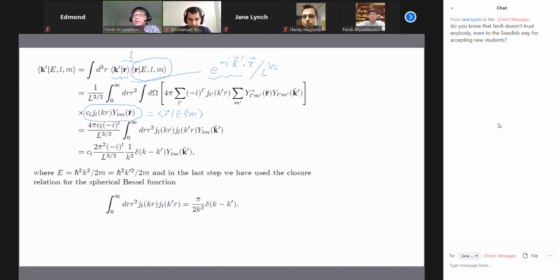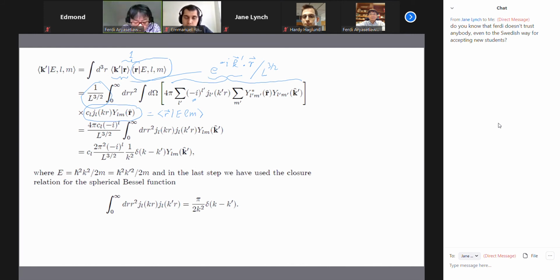The only thing we have to be careful about is the sign, because the formula is for plus ik dot r, but here we have minus ik dot r. But that just means that you have to replace that with minus i here. So we can see that this whole thing here is just the plane waves, and a factor of 1 upon L to the 3/2.